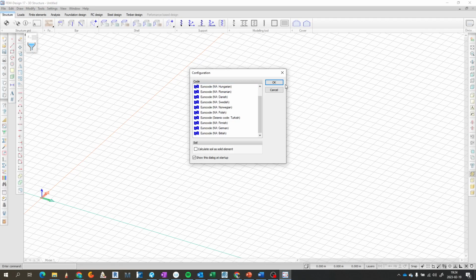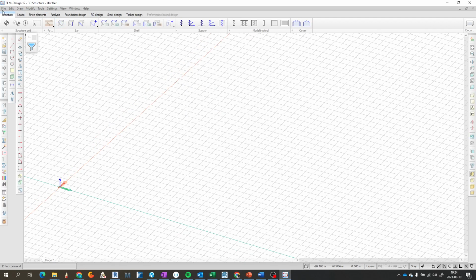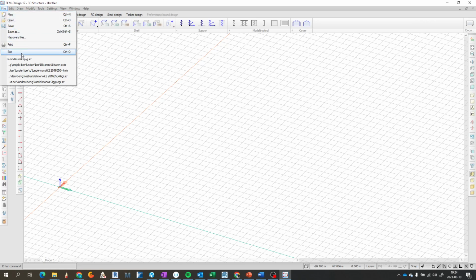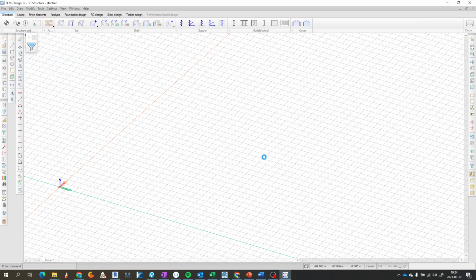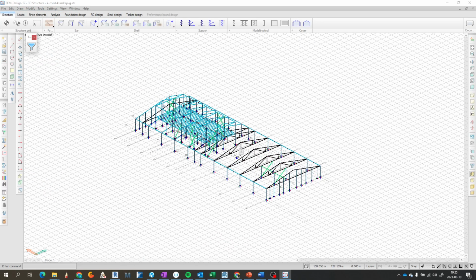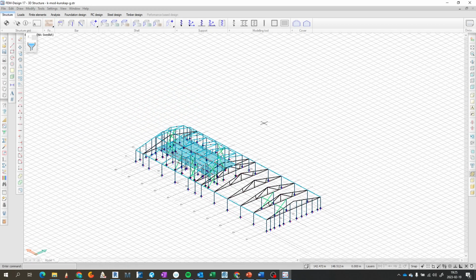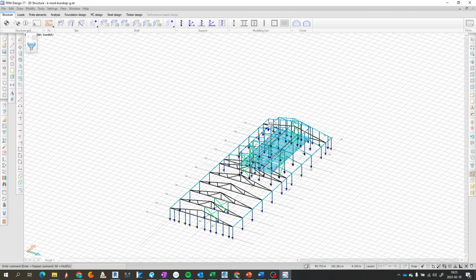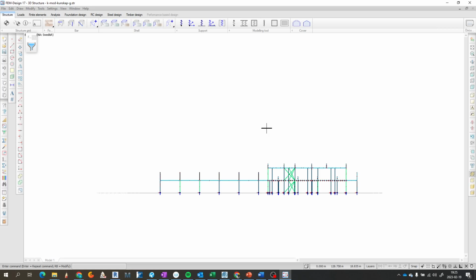So the building is coming, and of course, before detailing, I have done the building here. Here is the isometric view of the building. We have the east view, or the long side view.